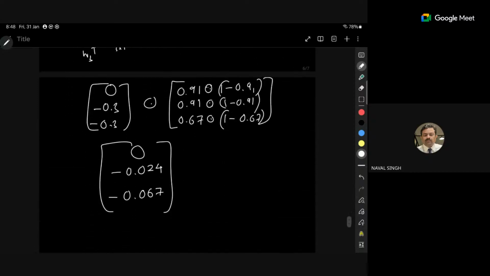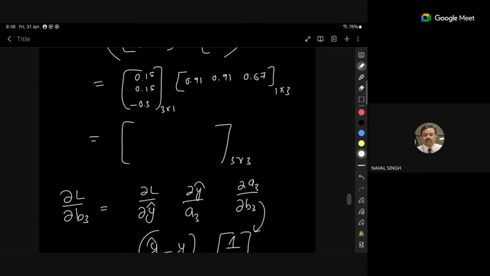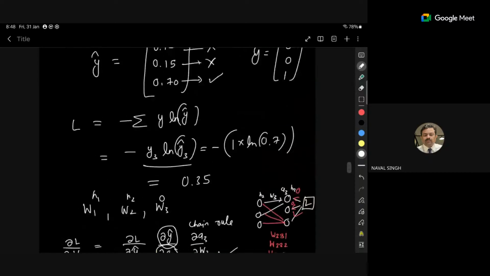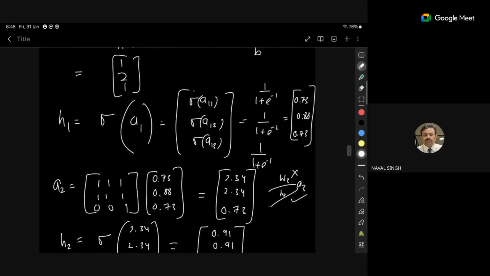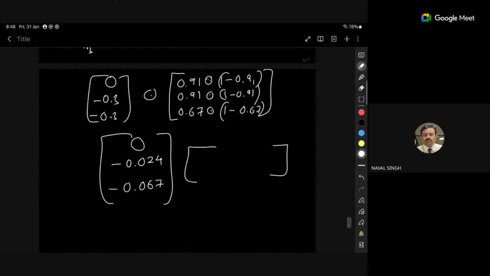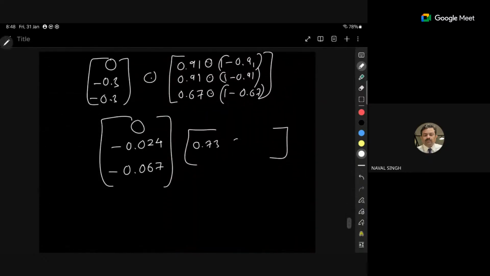Now I have to multiply with the H1 transpose. So H1 is a column. Remember all the things are column. I have to take it as a row, 1 by 3. So what is H1? H1 is 0.73, 0.88, 0.73.